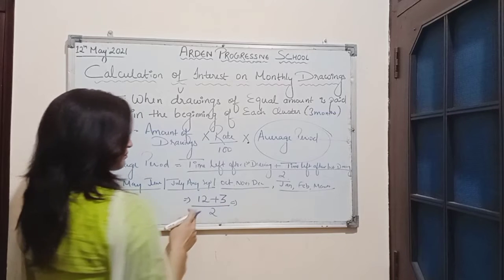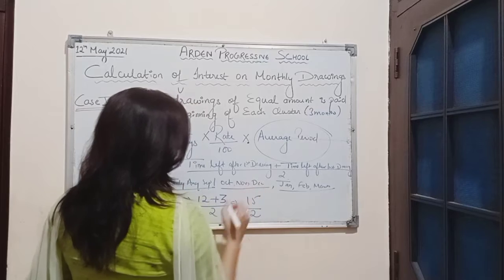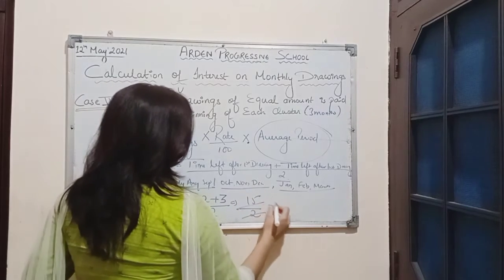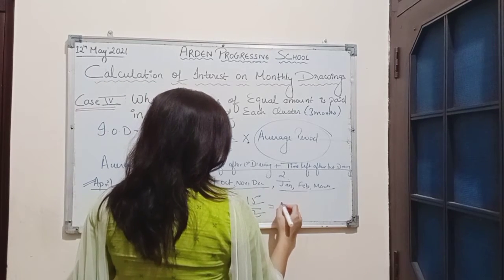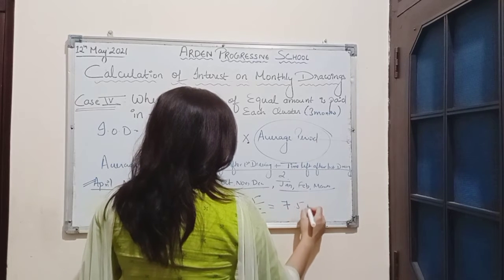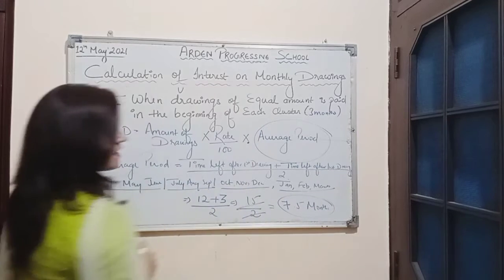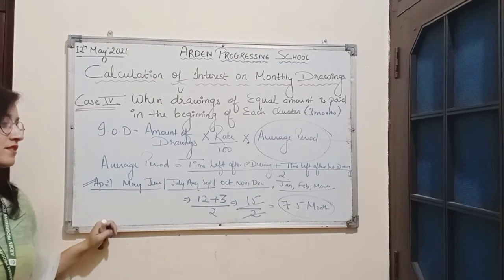So here 12 plus 3 is 15. We will divide 15 by 2. By calculating this, we will get 7.5. So average period in this case will be 7.5 months.